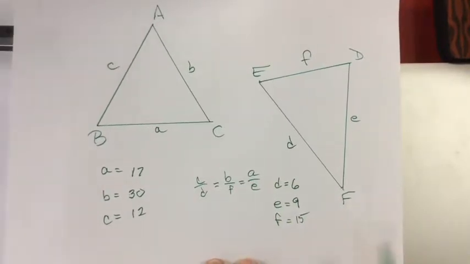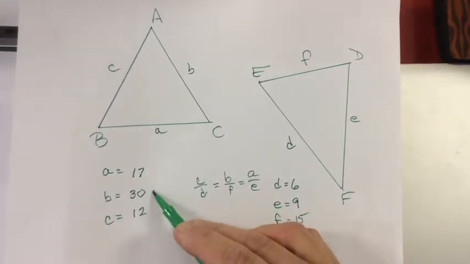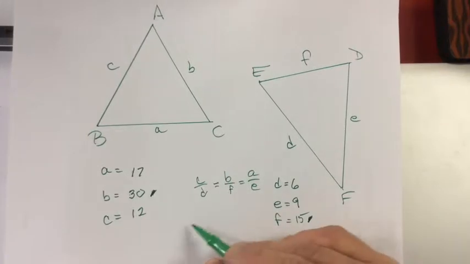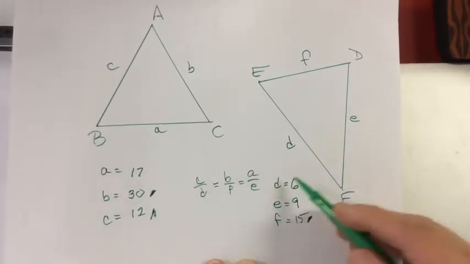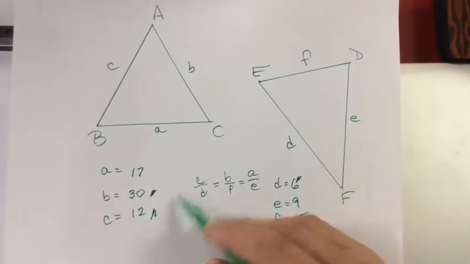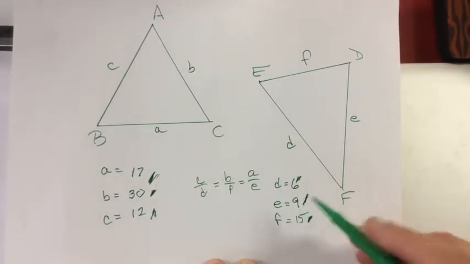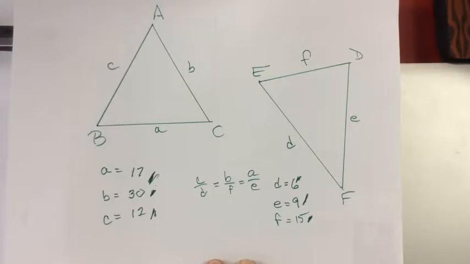And you do that because you are comparing the largest one of these with the largest one of these, the smallest with the smallest, and the medium size to the medium size. And the truth is, it's close, but it's not going to be, because although this is twice as big as this, and this is twice as big as this, this is almost twice as big as that, but not quite.